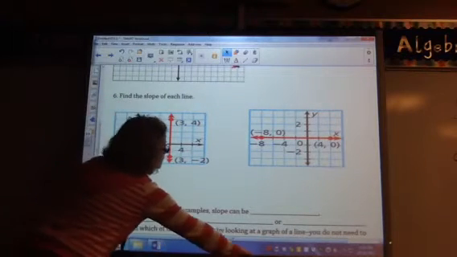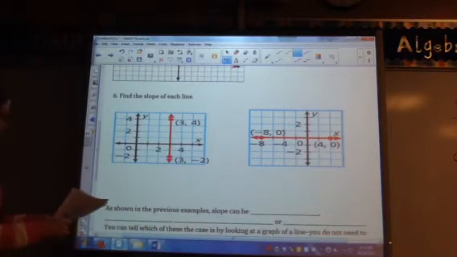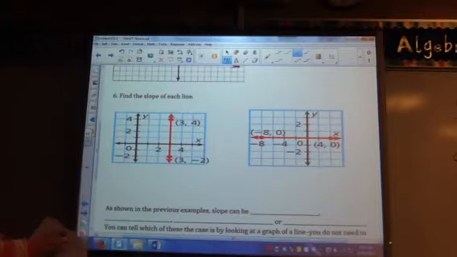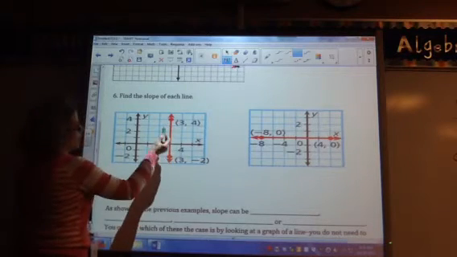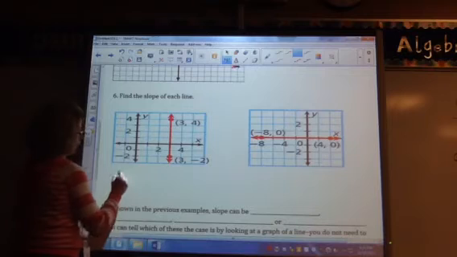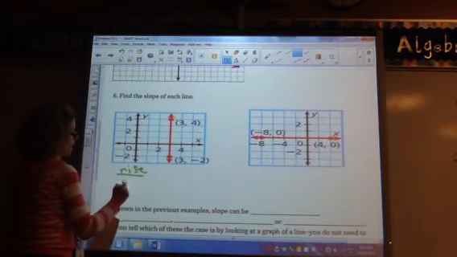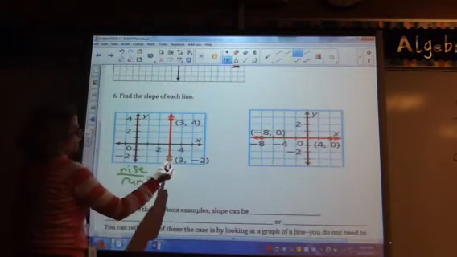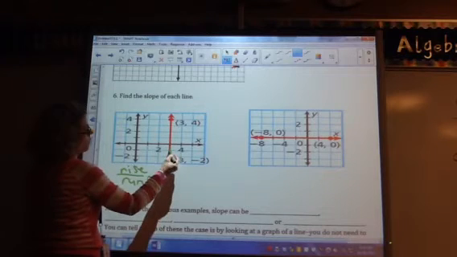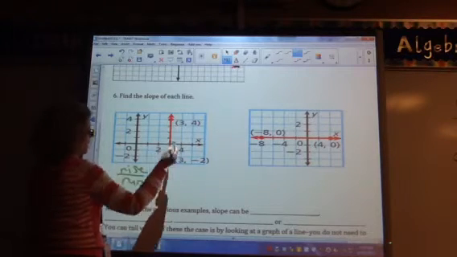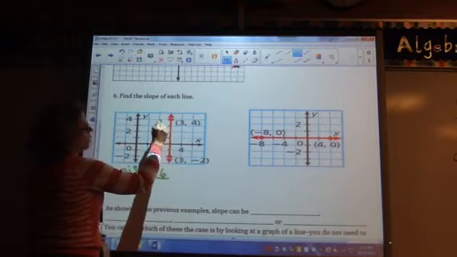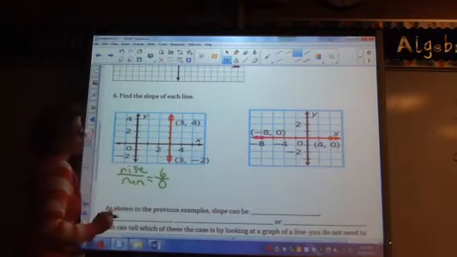Okay, we're going to look at some lines and find out what the slope is here, okay? So, we have this vertical line. Here's 1 point and here's 1 point. So slope is rise over run. So from this point to this point, we go up 1, 2, 3, 4, 5, 6. But then do we go left or right any? We do not. Okay?